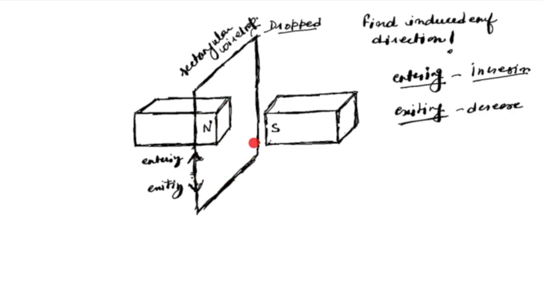If we have some device where you can see the current, it'll go up and down. The current will go in one direction and then in the reverse direction. They have asked us to find the induced EMF direction. Initially it will be in this direction, which we call clockwise, and then it will go anti-clockwise. So that is the observation for the induced EMF.